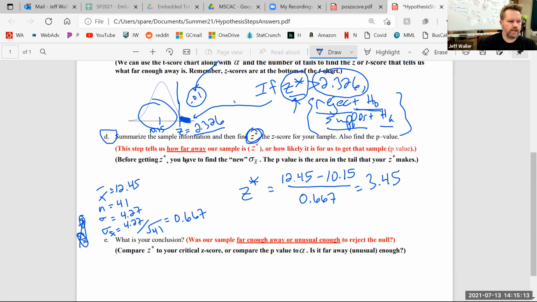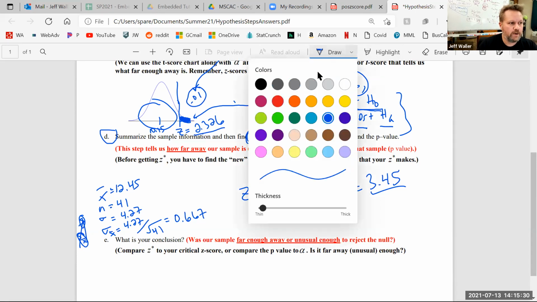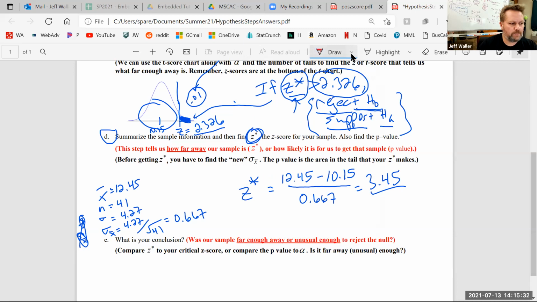All right. Just looking at that, is that pretty far away? 3.45. Is that an unusual value for a z-score? Yes. It's unusual given our definition. Did I make it far enough away? Let me change my color here. Plot it. Where would this go on the picture? Did we make it in here? Yes, because we're more than 2.326.